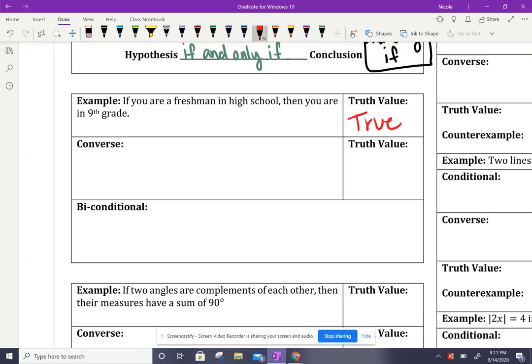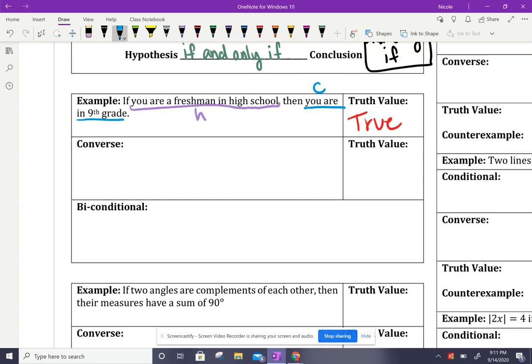Okay, so next we're going to write the converse. The converse, remember, we switched the location of the hypothesis and conclusion. I am going to first start by identifying my hypothesis and my conclusion to make sure I am ready. So remember, the hypothesis and conclusion do not include the words if and then.